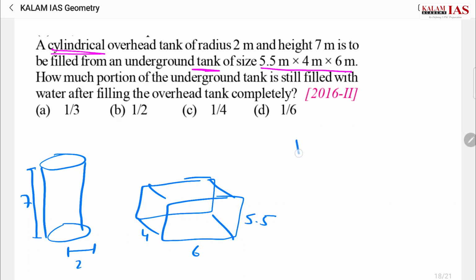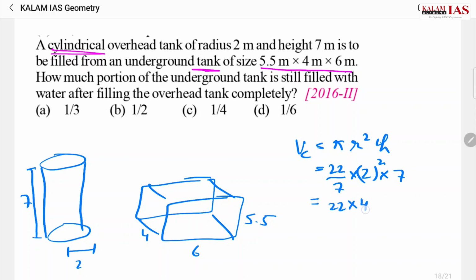So the volume of cylindrical tank, as we know, is pi r square h, which is given by 22 by 7, 2 square into 7. So this is equals to 22 into 4. The volume of tank is simply L into B into H, which is equals to 5.5 into 4 into 6.